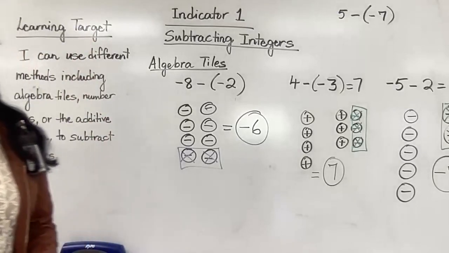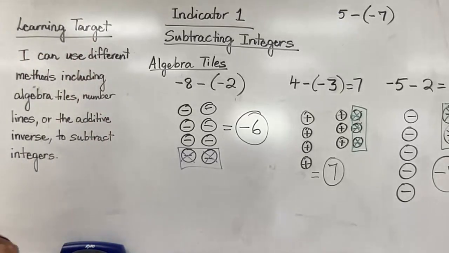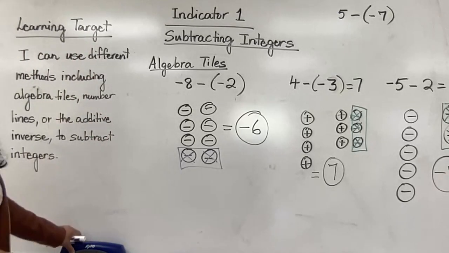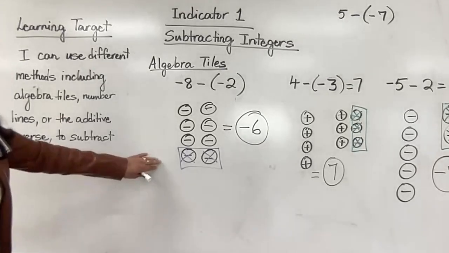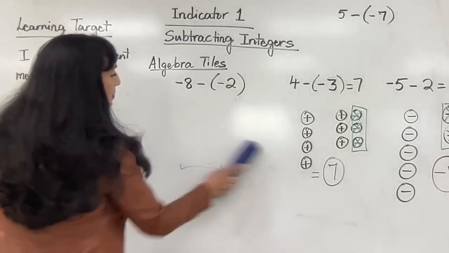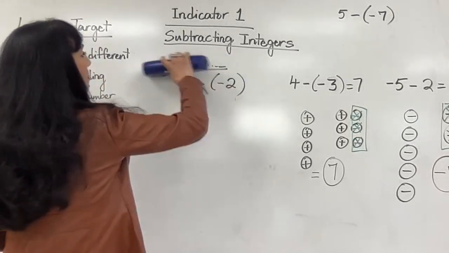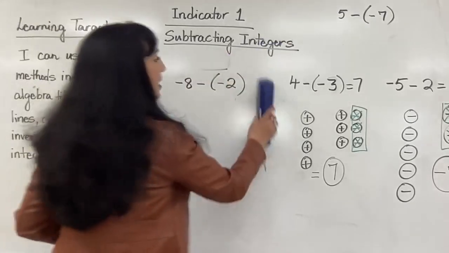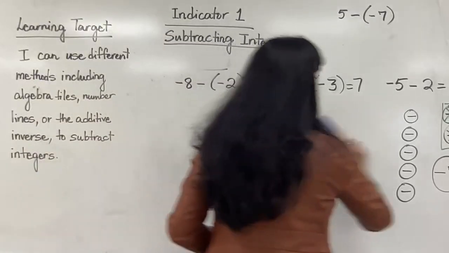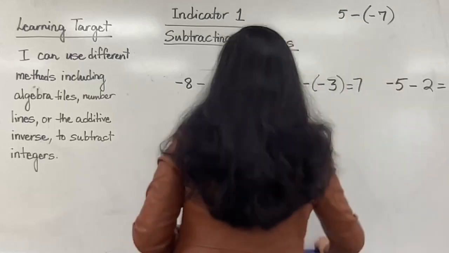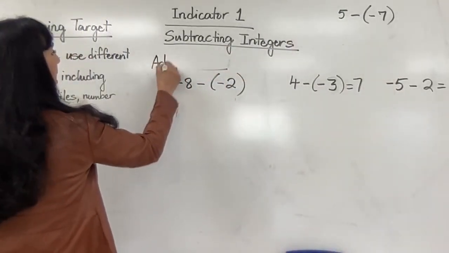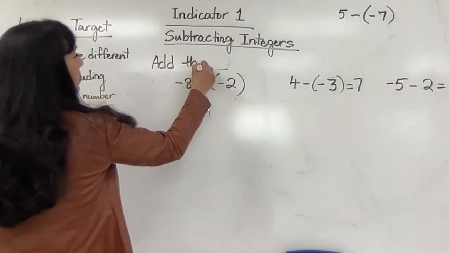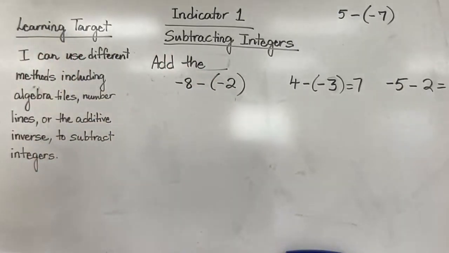Okay, so let's go ahead and talk about how, to subtract an integer, you basically are just adding its opposite. Okay, so this was with algebra tiles, but let me demonstrate what I mean when I say you add the opposite. You're going to get exactly the same answer, right? So to subtract integers, add the opposite.